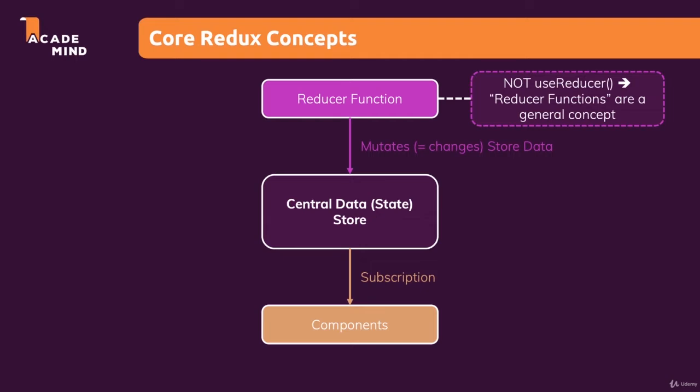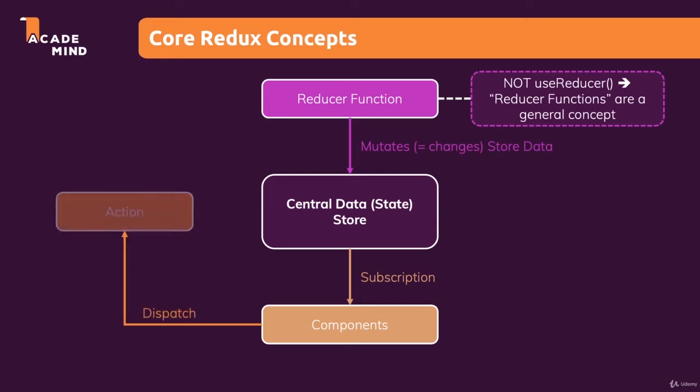Okay, so we have a reducer function which is responsible for updating the store data, and we have components that subscribe to that data. How do we now connect components and that reducer function? Because ultimately, it will of course be the components that should trigger a data change. It is, for example, a click on a button in a component that should trigger some data change. So how do we connect that? Trigger is a good word for that, because we have a third concept here.